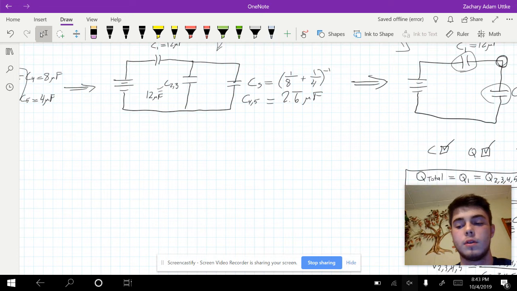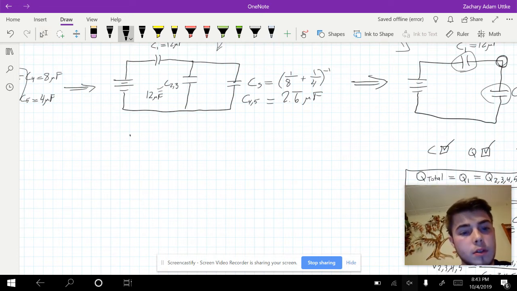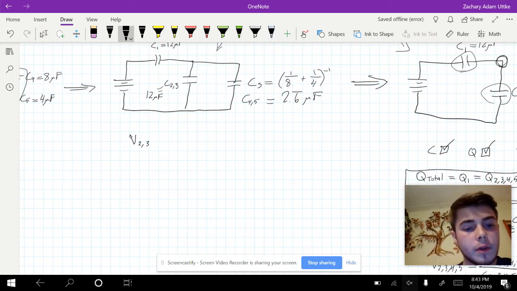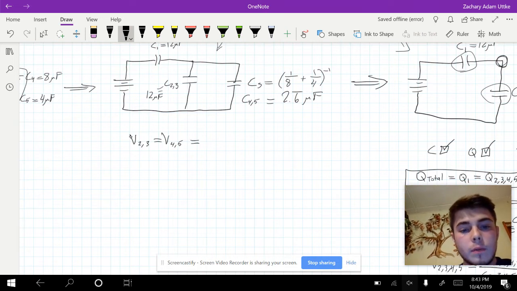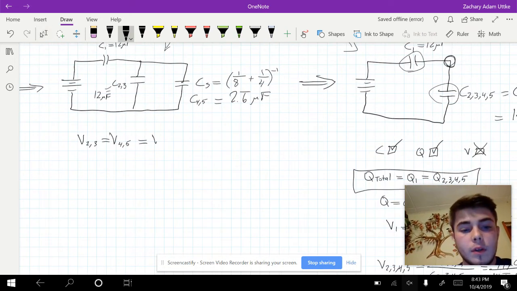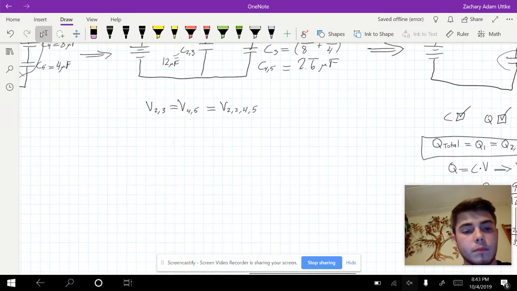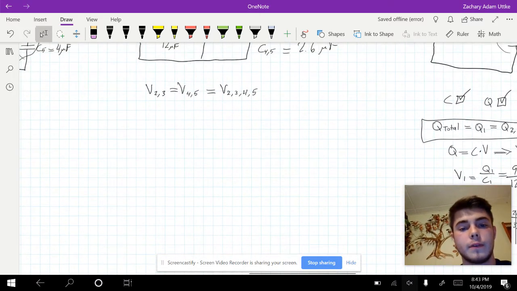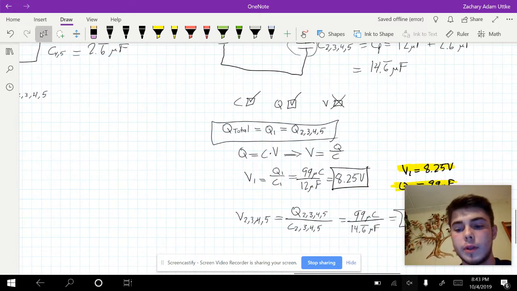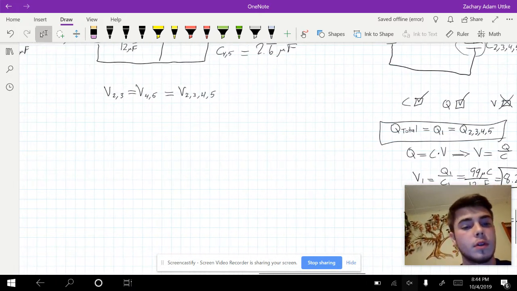So parallel, same voltage. So V2, 3 equals V4, 5, which equals V2, 3, 4, 5, which we just calculated. So we know that these voltages are going to be the 6.75 volts.